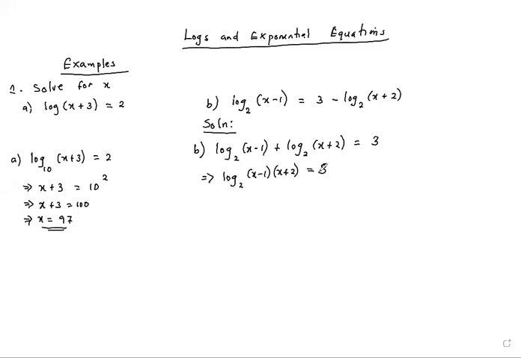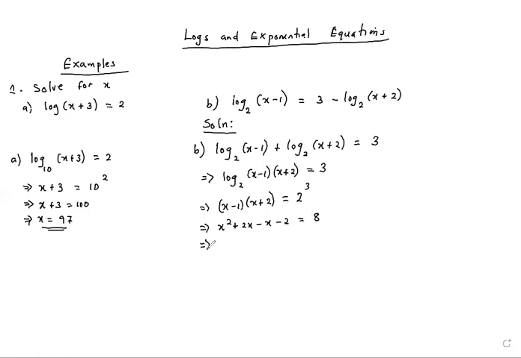And then you would raise, so say this is the same as (x minus 1)(x plus 2) is equal to 2 to the power 3. So we have x squared plus x minus 2 is equal to 8.